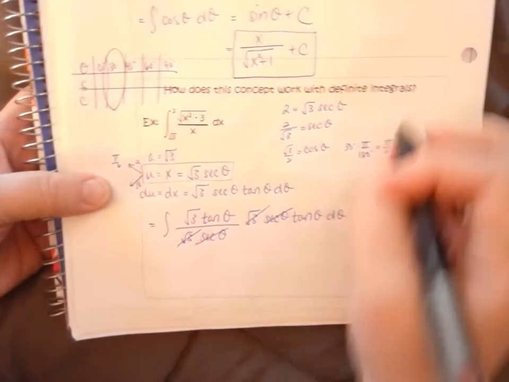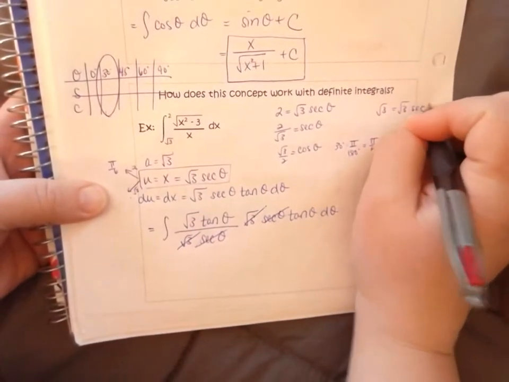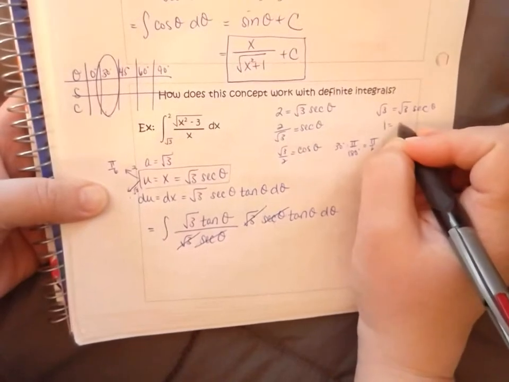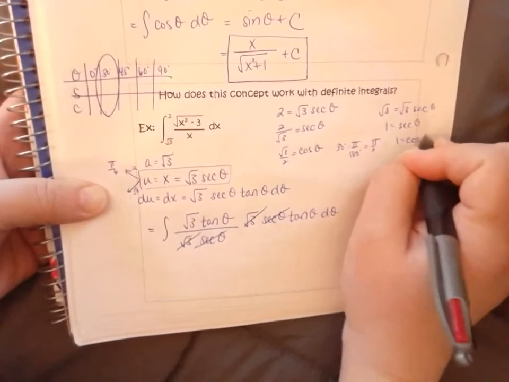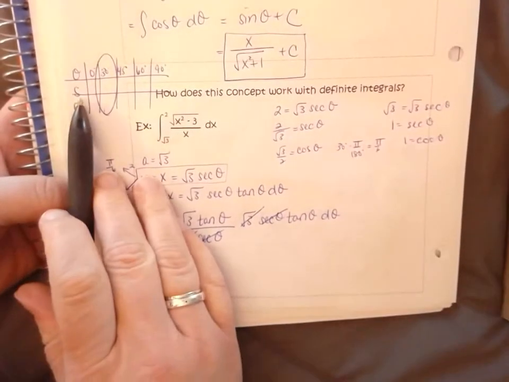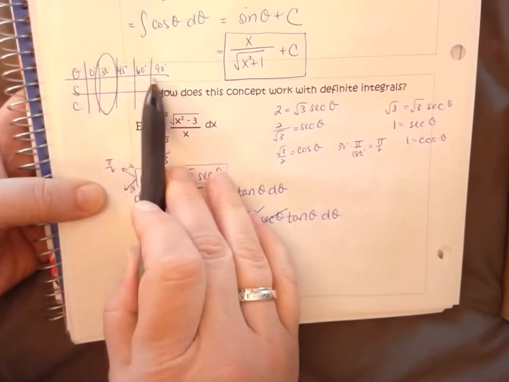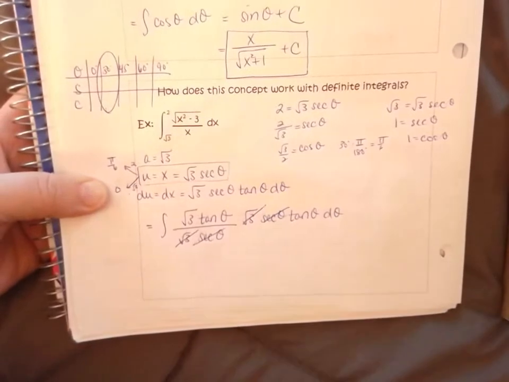Instead of root 3, this becomes 1 equaling secant theta, and the reciprocal of that is still going to be 1. And if I go back to this chart, cosine is equal to 1 right here. Again, if you work your way up to 1 in sine, then you're working your way down to 1. So there's going to be 0. Okay.